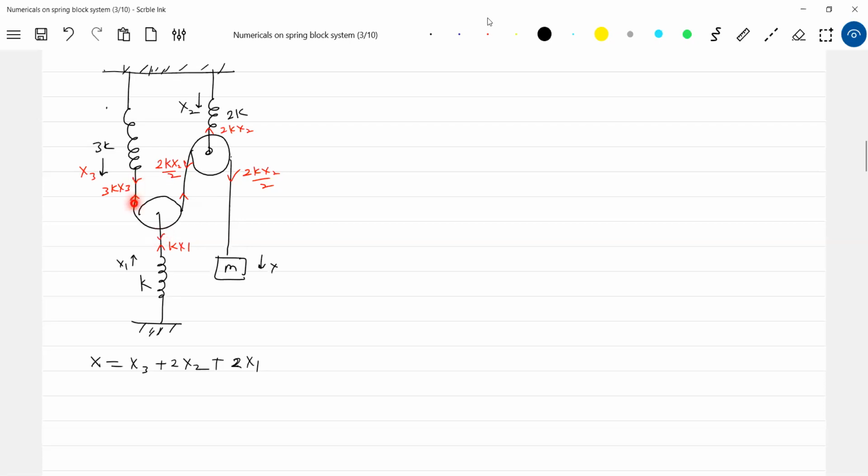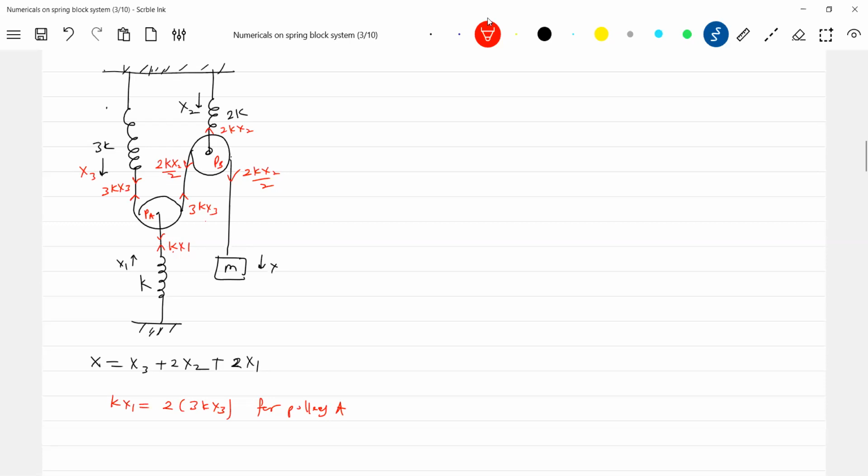Or nothing but you can see this one. So here, how much should you write here? 3k x3 only, because this tension should be written here. Let me proceed like this. Okay, now kx1 should be equal to 2 into 3k x3, because net force on this pulley should be 0. So this is pulley A, pulley B. For pulley A, similarly for pulley B, what can we write?